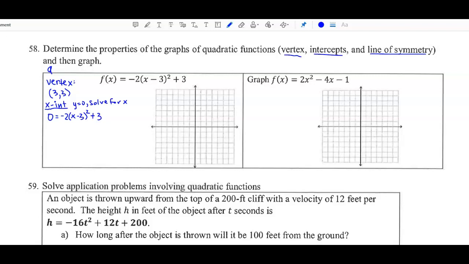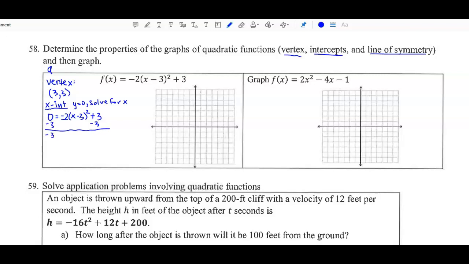And then I'm trying to solve this for x. I'm just going to be using that square root property to help me solve it. I'm going to start by subtracting the 3 over.